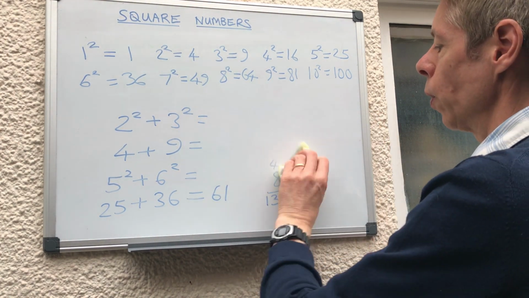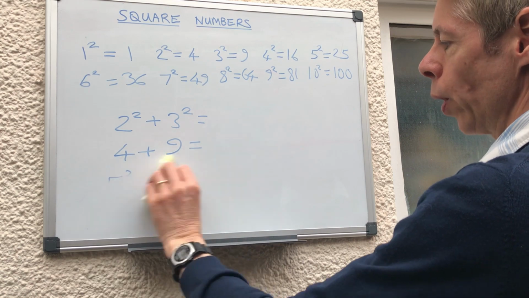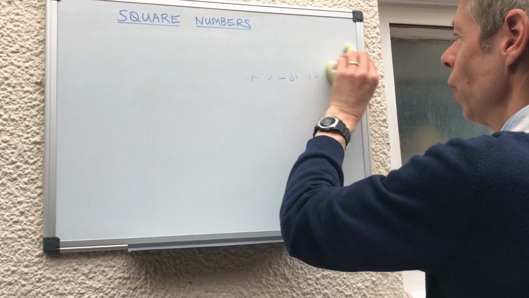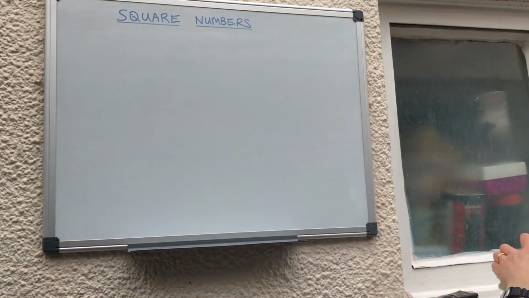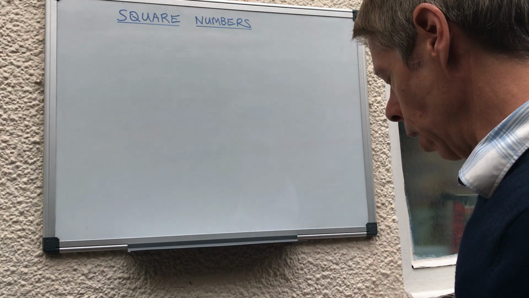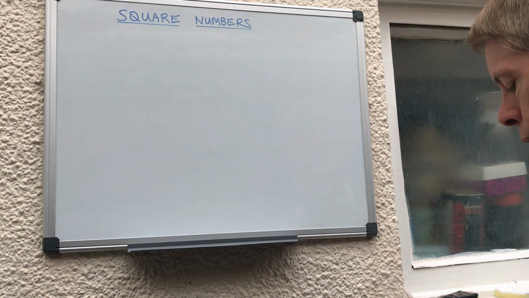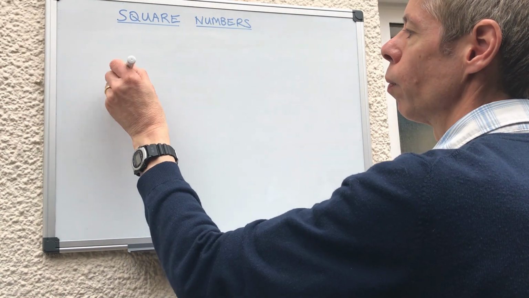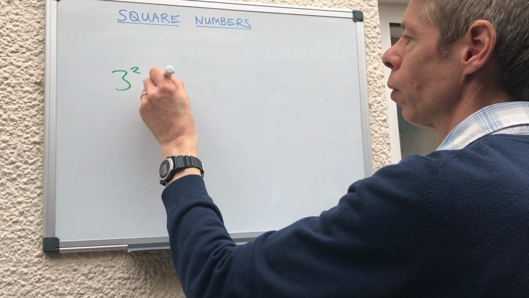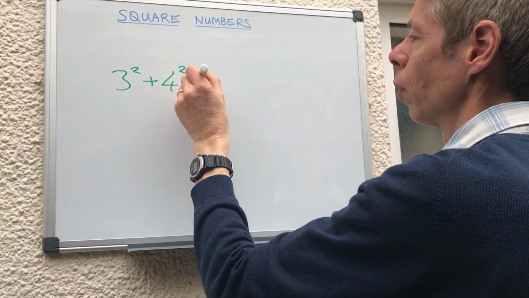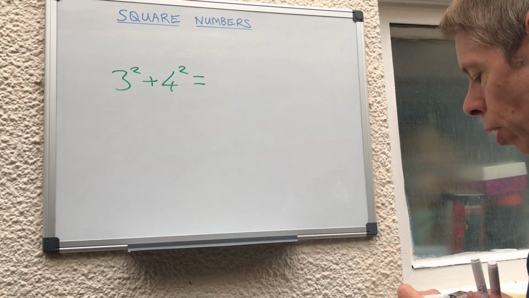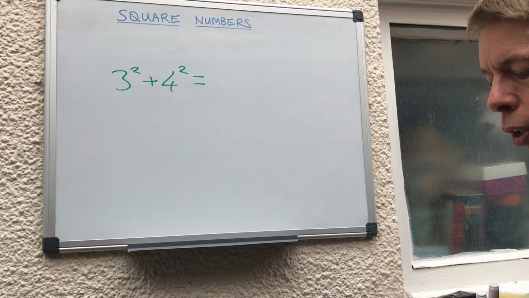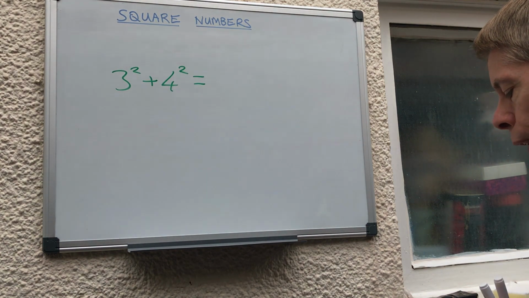Right, so now we're going to go on to just a little quiz, 4 short questions. I'm going to rub out the square numbers, not going to make it too easy. See if you can work out what these are. Okay, so first of all, we're going to do 3 squared plus 4 squared. Start working that one out, and then we'll go through them at the end.